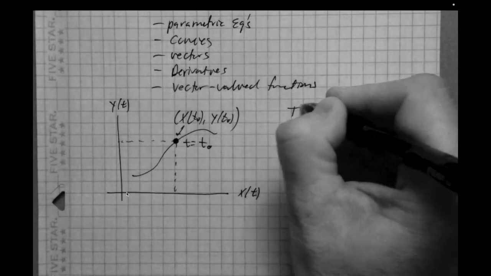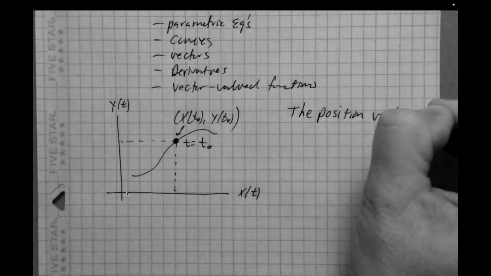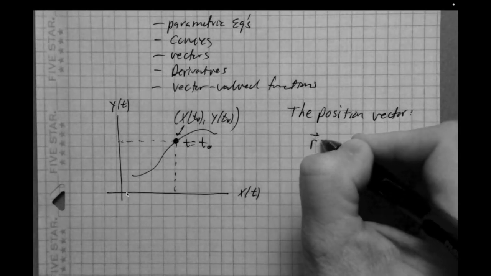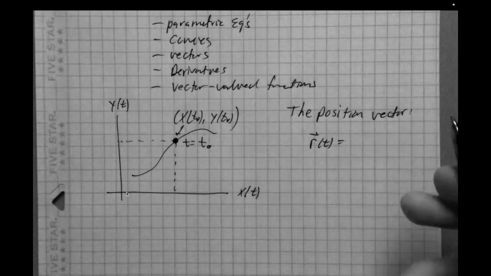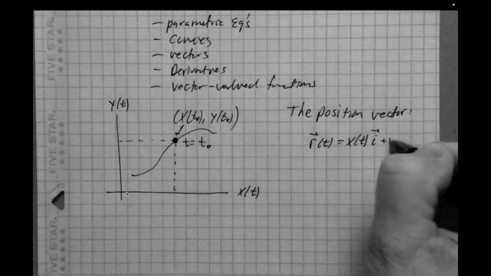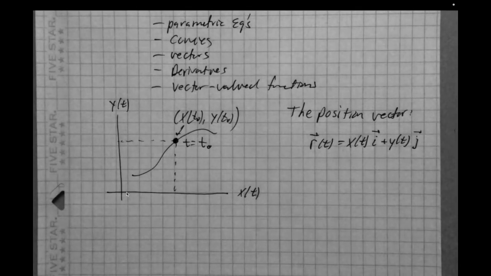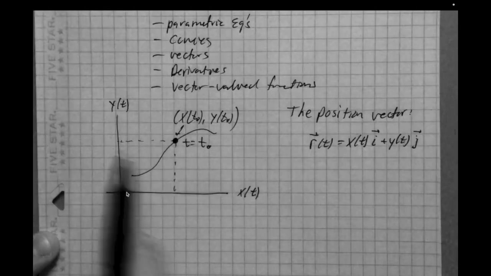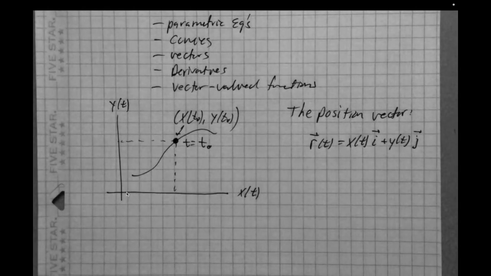We can have a position vector r(t), and it'll take the form in the two-dimensional plane of x(t) times the i vector plus y(t) times the j vector. You plug in some time t, and it tells you where in the two-dimensional plane the particle's center of mass happens to be.